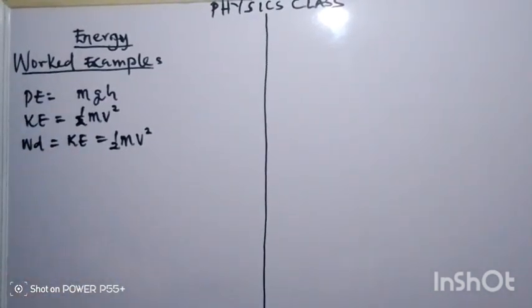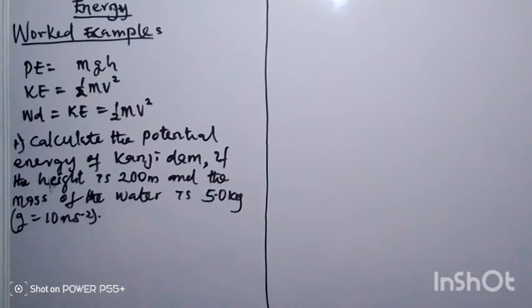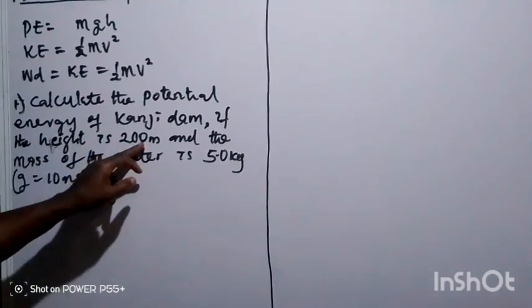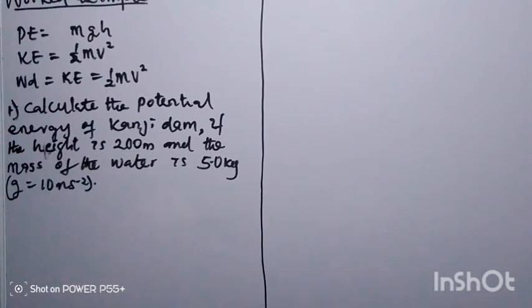Example 1. Calculate the potential energy of Kanji Dam if the height is 200 meters and the mass of the water is 5.0 kg, g is equal to 10 meters per second squared.